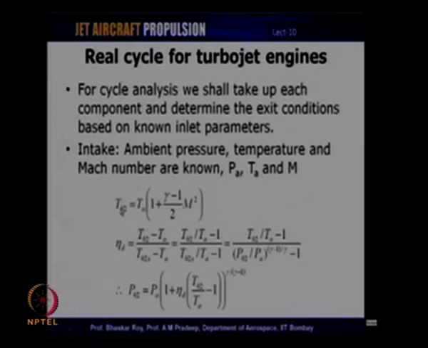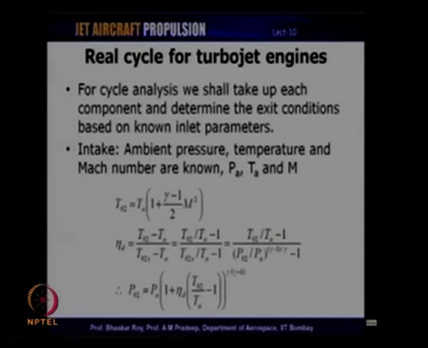Since the ambient pressure and temperature are known, we can calculate the corresponding stagnation temperature. T02 will be equal to T0A, the ambient stagnation temperature, because there is no loss in stagnation temperature in the intake or diffuser, as there is no heat addition or heat rejection.